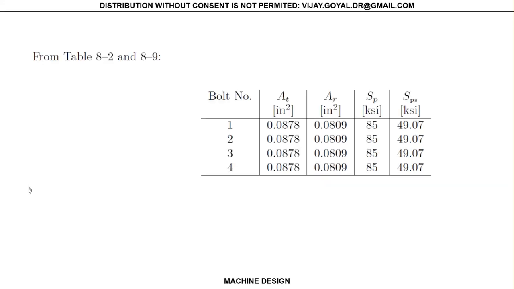Secondly, we want to use tables 8.2 and 8.9 to find your bolt properties. All your bolts are the same size, so your problem says this is the type of bolt you want to use.